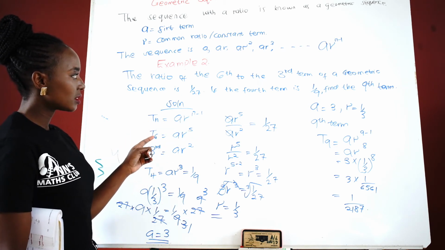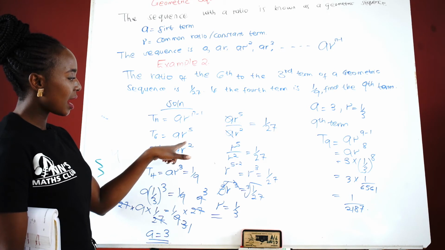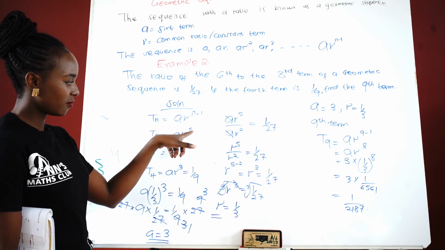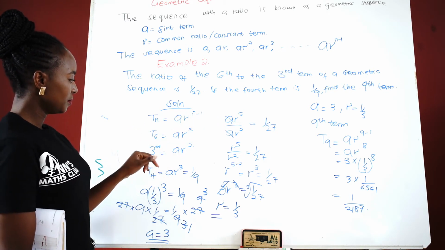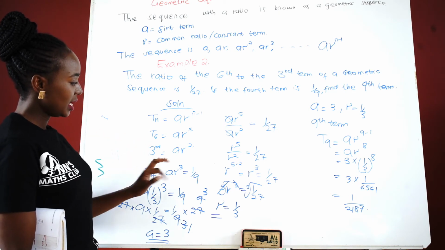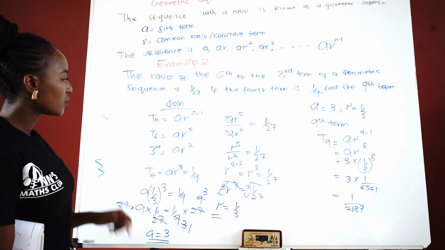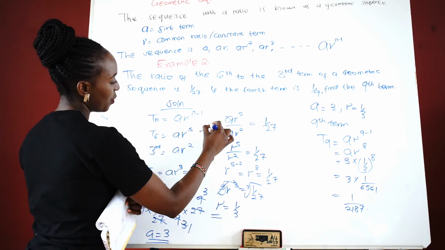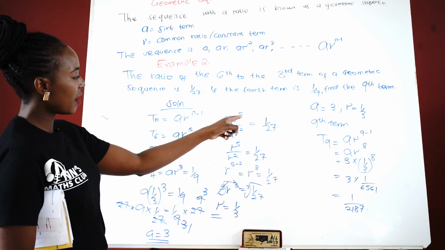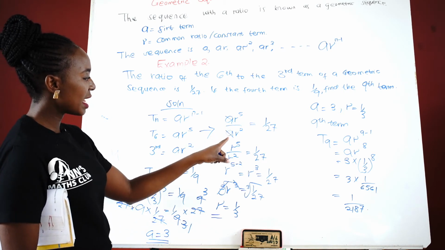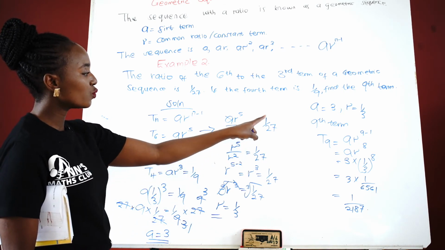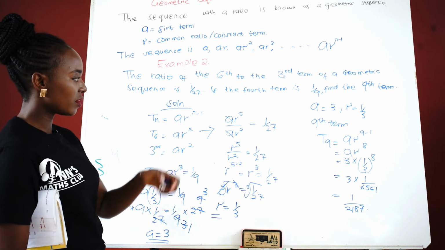For T6, the 6th term will be AR^(6 minus 1), which is 5, okay? The 3rd term will be AR^(3 minus 1), which is 2. So we've been told, so you will definitely come here now. So AR^5 divided by AR^2 is equal to 1 over 27.